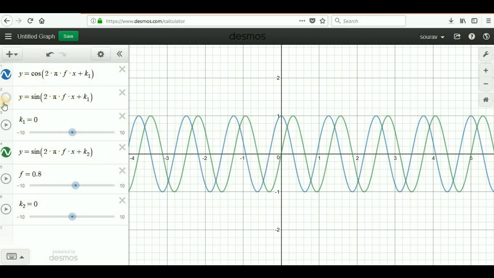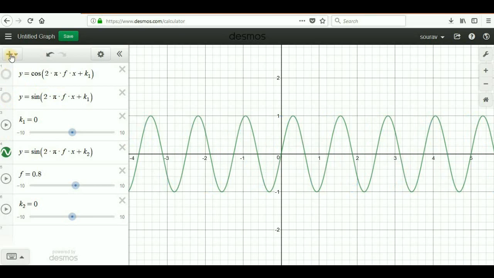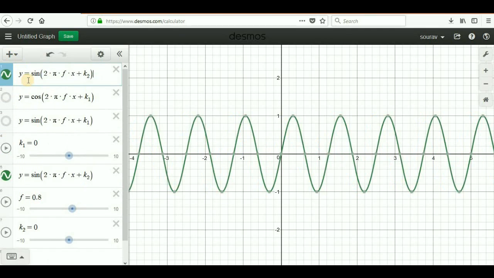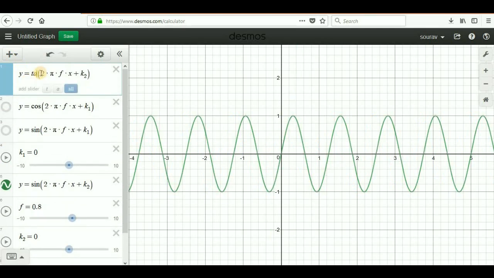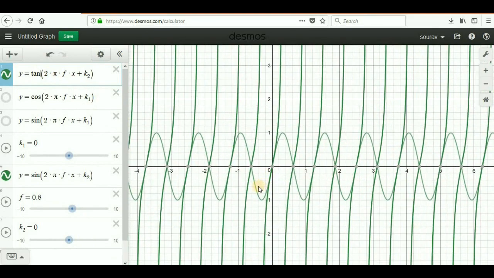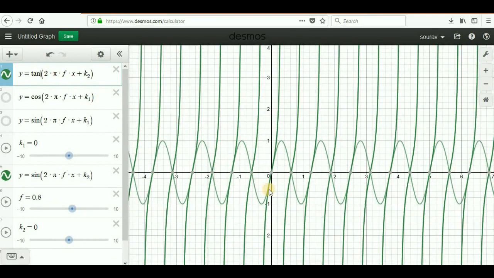Alright, so to compare, we're going to turn that off and use tan now. So instead of sine, we're going to have tan. Now tan is difficult to compare visually with sine, as you can see.